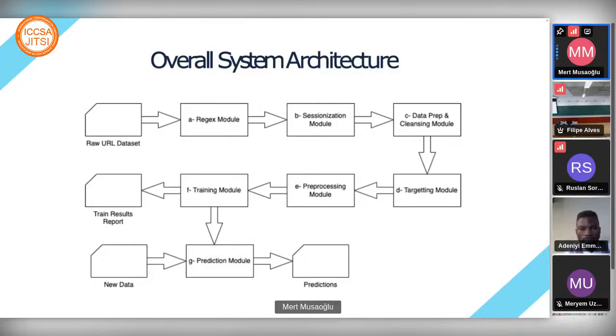A 0 or 1 assignment is made here. The next step is the preprocessing module. This module applies the word embedding methods suitable for the models. In the training models, we train our algorithms. And the last module, the prediction module, predicts the user's next step.